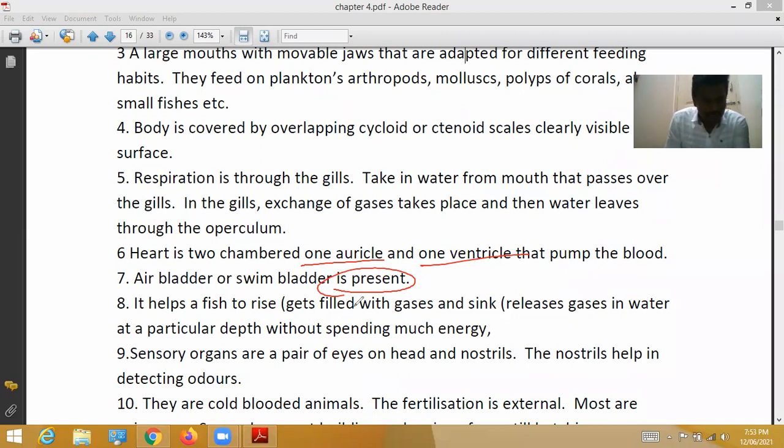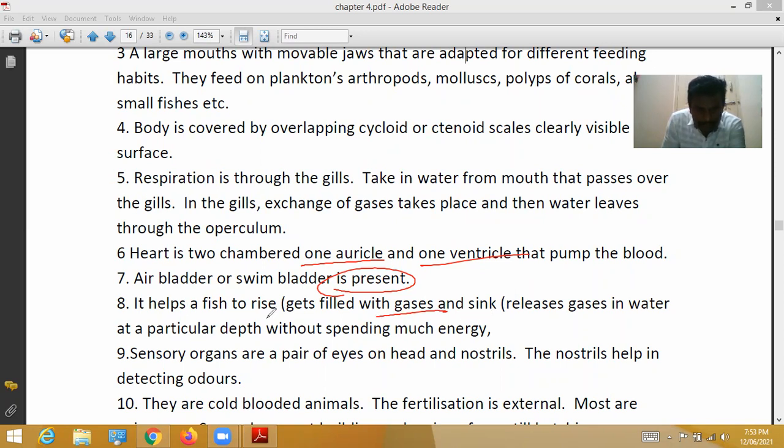The air bladder or swim bladder is present. It helps the fish to rise, and it is filled with gases.